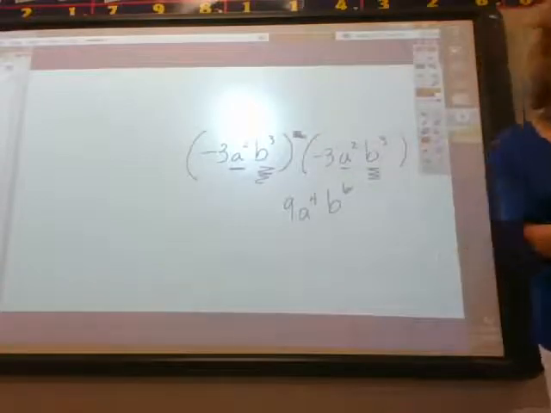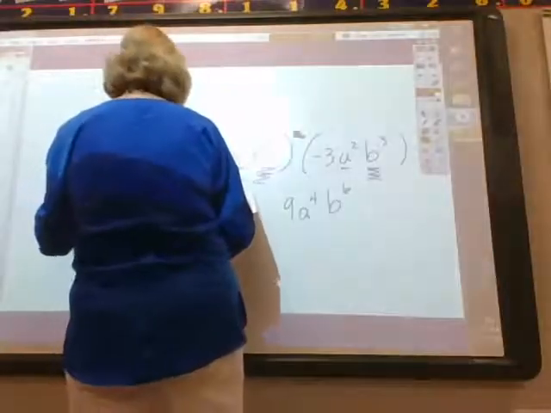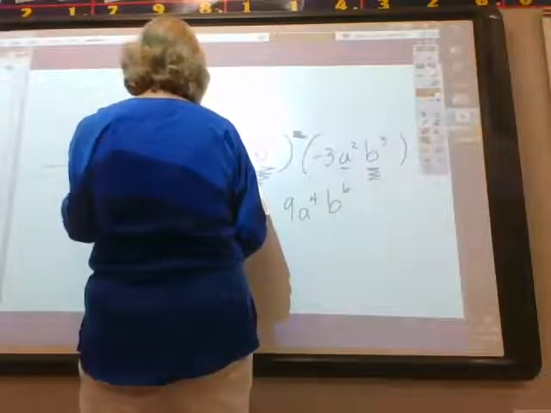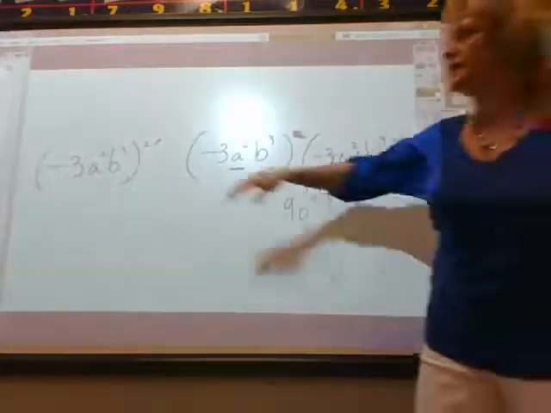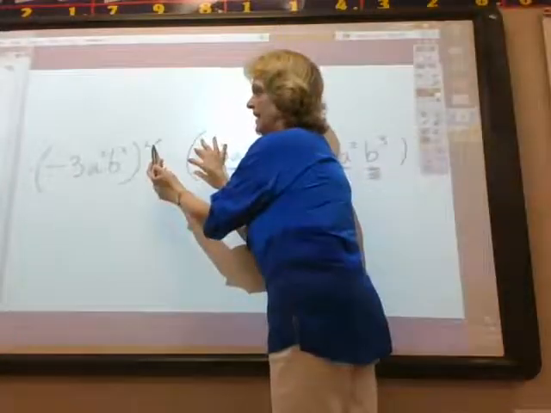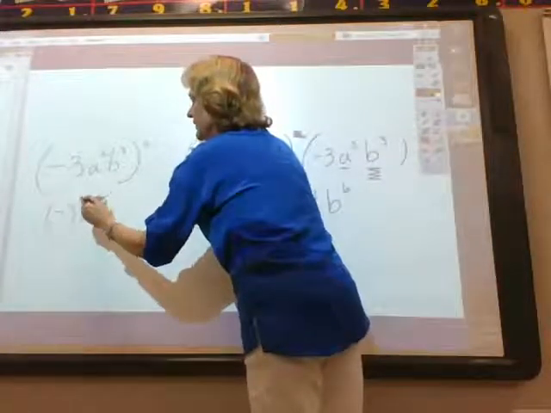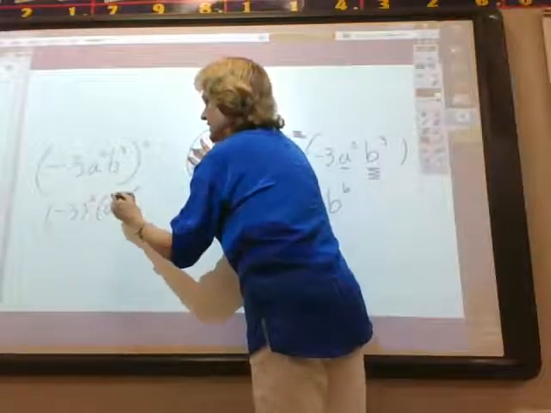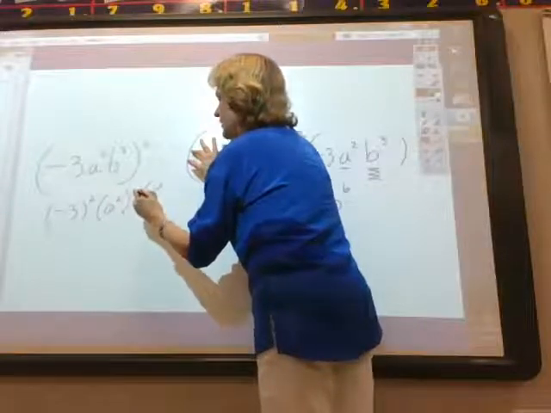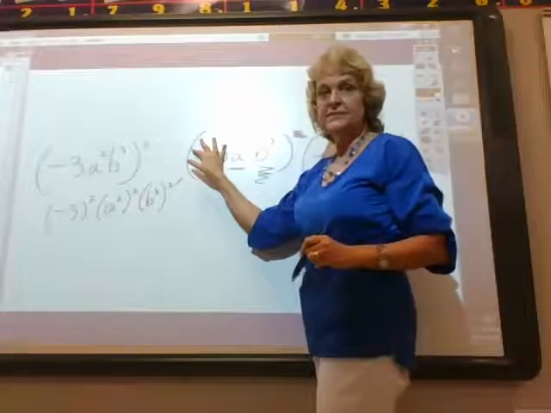The shortcut, okay, I'm going to come over here. I'm going to show you the shortcut, is to apply that square to everything inside the parenthesis. Okay, that means negative 3 is getting squared. A squared is getting squared, and b cubed is getting squared.